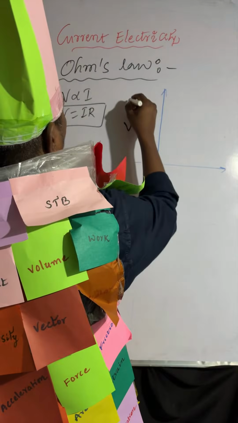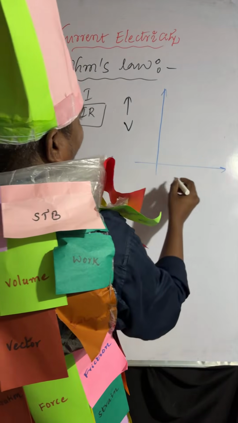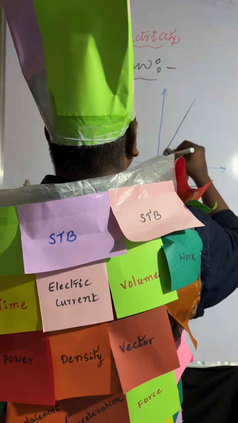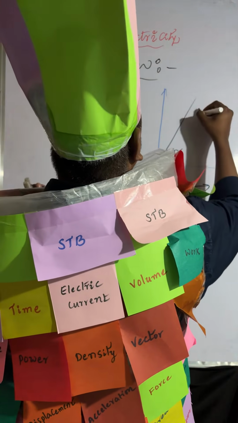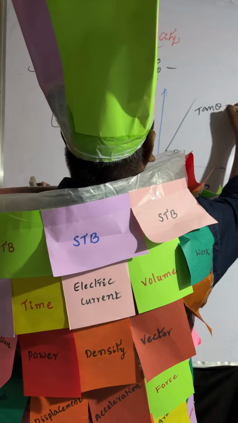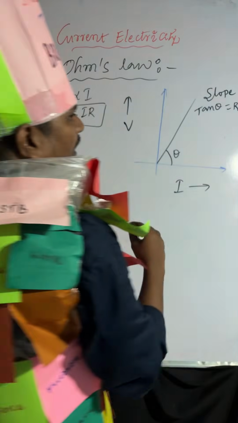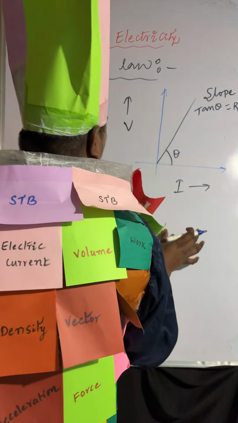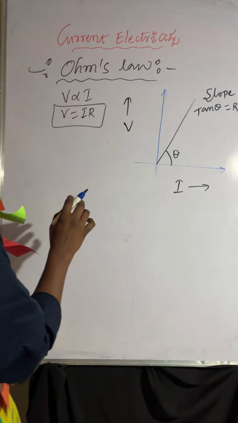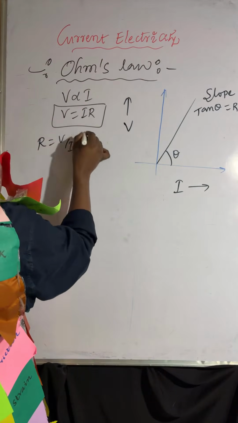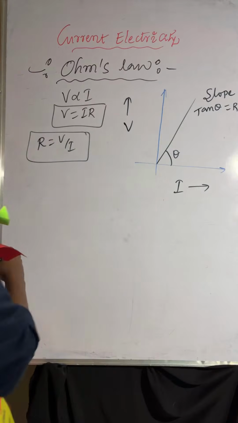V on the y-axis, I on the x-axis. The graph is like this. It makes angle theta. Then tan theta equals R, the slope. Now you can observe, so R equals V by I.